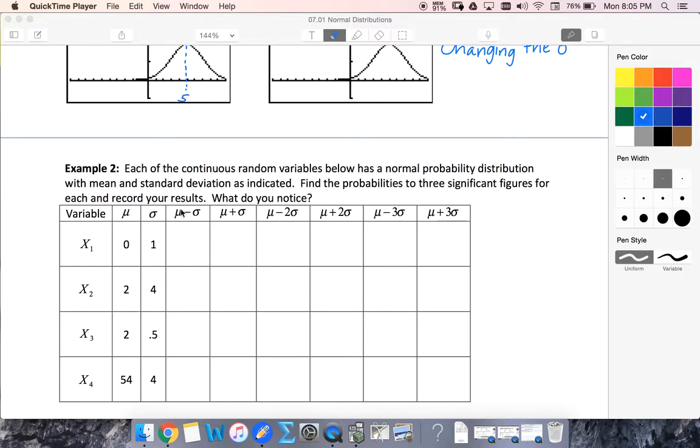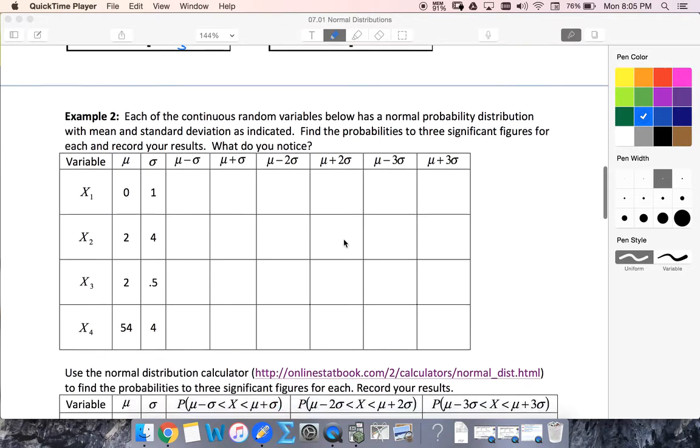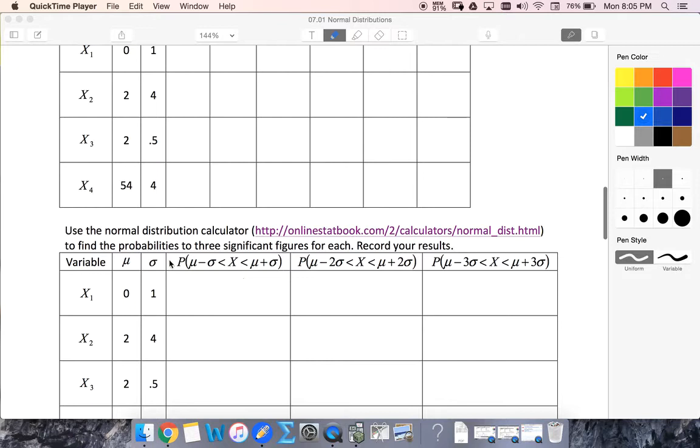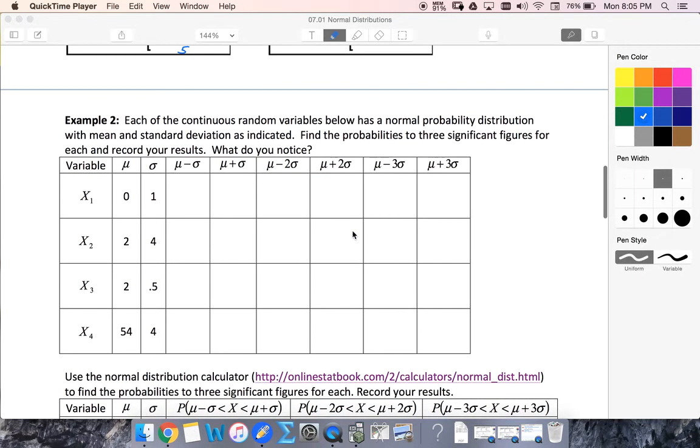And we're going to calculate these values first, and then use those values to find the probabilities. Your calculator will find probabilities, but this one's even easier to use, so we're going to use this one. So start by filling in this table. We've got mean minus standard deviation.